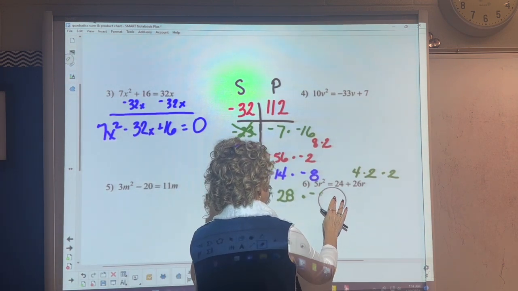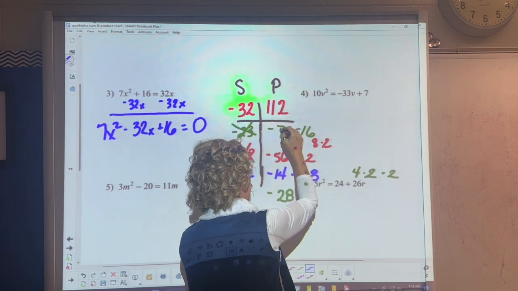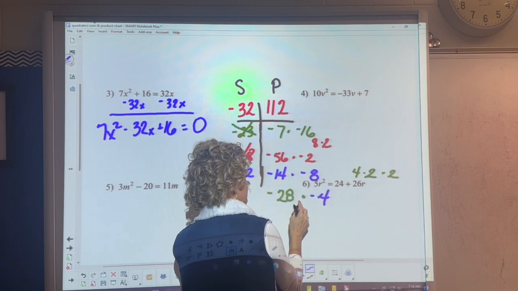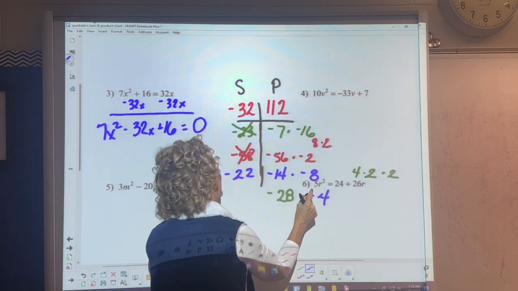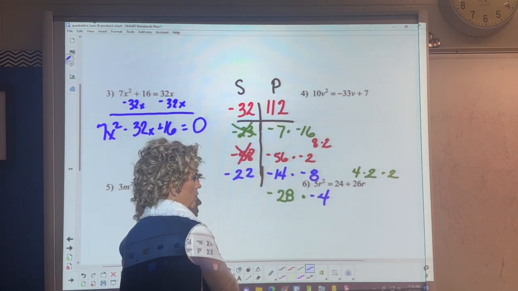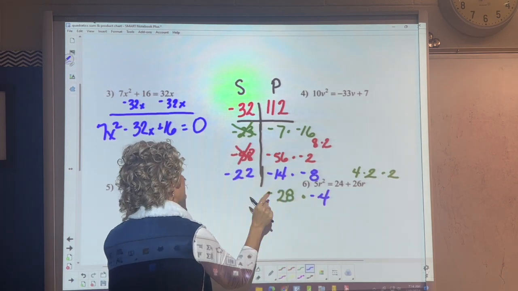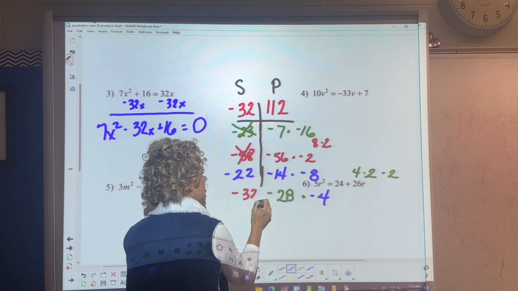That's my fault. Negative 7 times 4 is a negative 28. Then I have 4. I have to have 2 negatives. So I got a negative 28 times a negative 4. That is going to give me a positive 112. When I add those together, that's going to give me a negative 32.